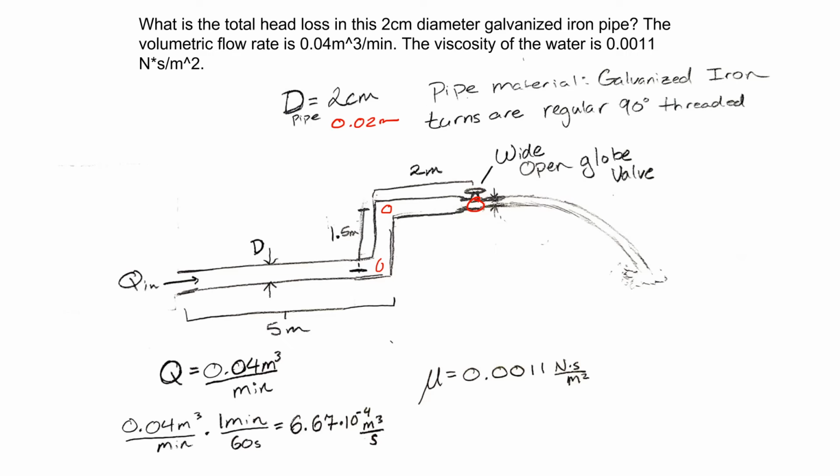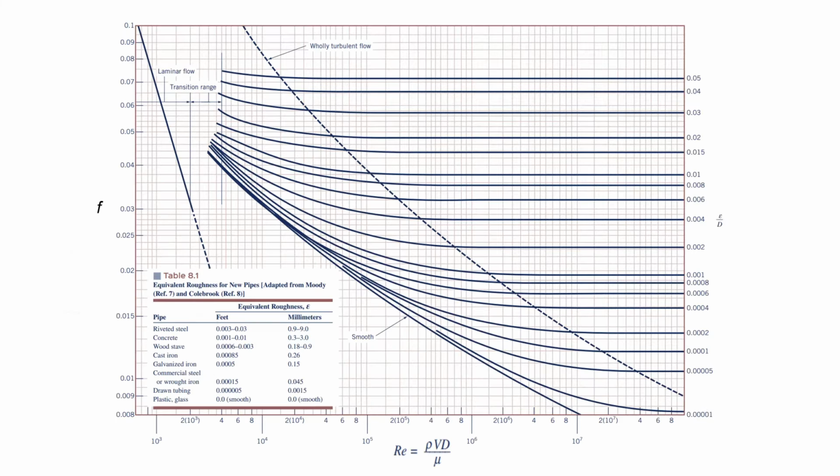Okay, next we're going to go to our table very quickly and grab our relative roughness or equivalent roughness for galvanized iron, which is 0.015, and we're going to end up calculating the Reynolds number and going to this table and getting our friction coefficient.